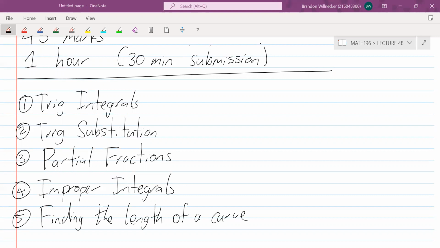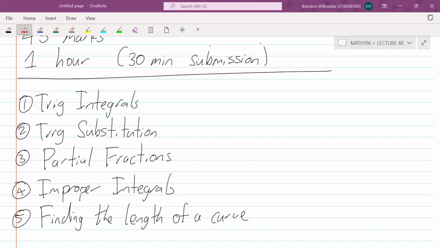So the question on finding the length of a curve could require a trig substitution, or the improper integral might be a trig integral, for example. Remember, for improper integrals, that just means the function is discontinuous somewhere, or you have an infinite domain.